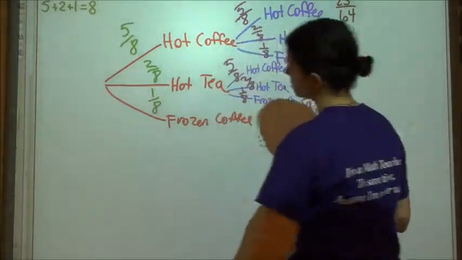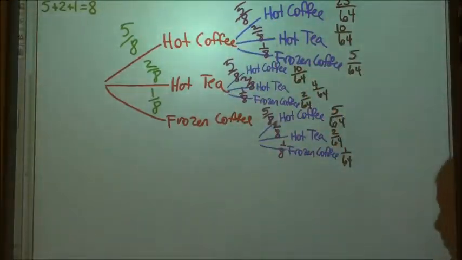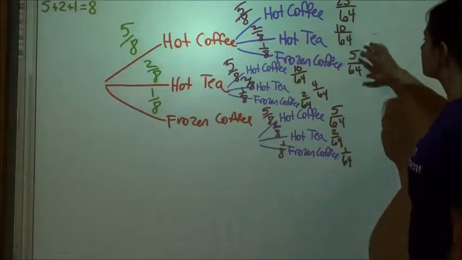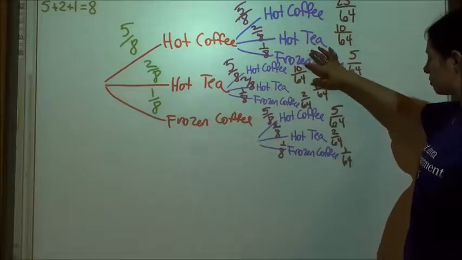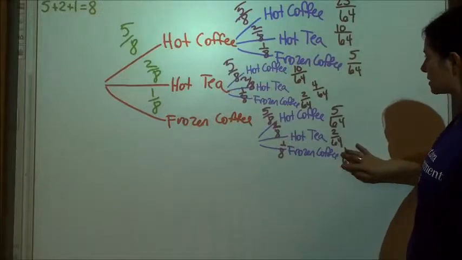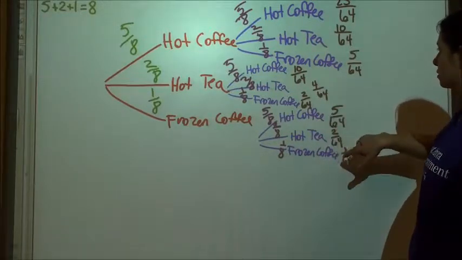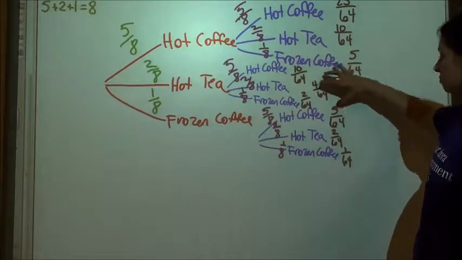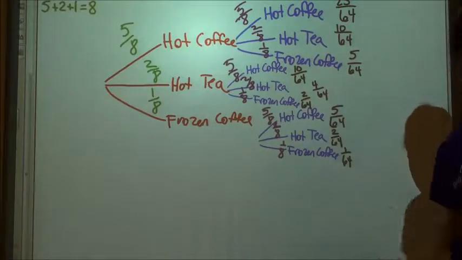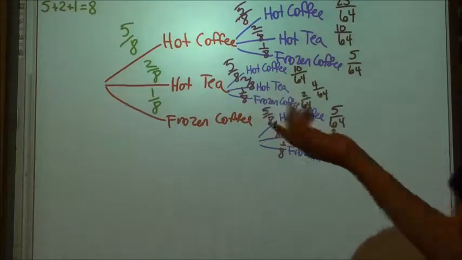So you can check to see if you did it right by seeing if your numbers all add up to 64. 25 plus 5 is 30, plus 10 is 40, plus 10 is 50, plus 10 is 60. Oops, I missed something. Sorry. 10 and then 4. So they add up to 64, so we know that we did all our math correctly.